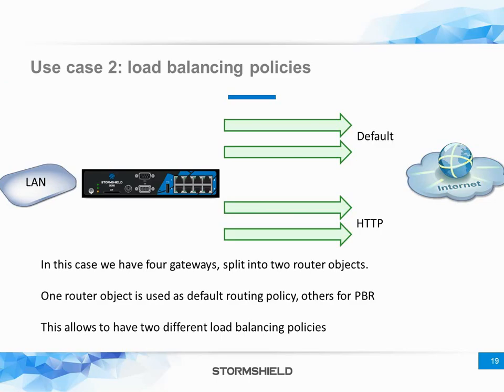Let's see a load balancing case now. In version 1, only the default routing policy could use load balancing. But here with several router objects, it is different. We can have, for example, 2 gateways in a load balancing group for our default policy, and 2 other gateways in another load balancing group for our policy-based routing.